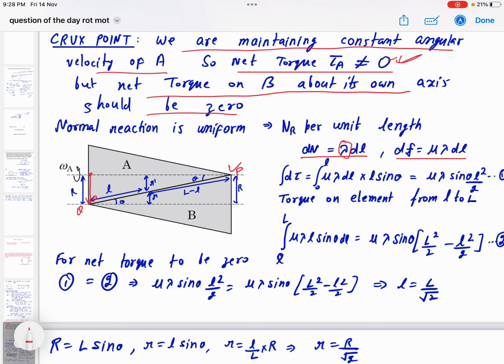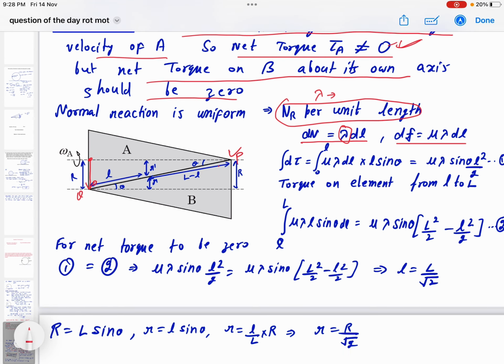From 0 to l, I write a torque equation: normal force into mu, the frictional force, into the perpendicular distance. The perpendicular distance, the small r length, is basically l sin theta.